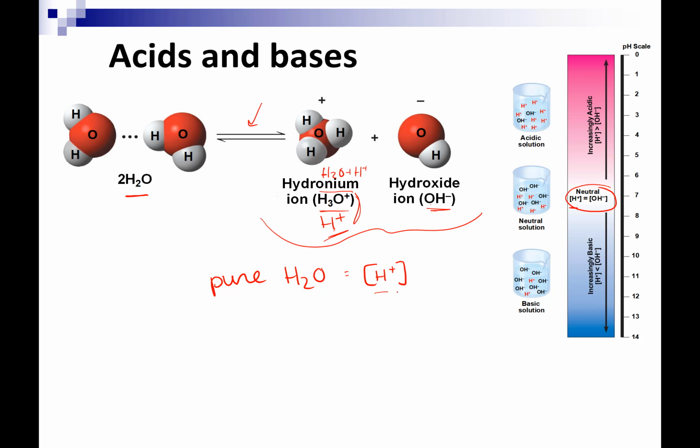So in pure water, the amount of H plus equals the amount of OH minus, right? Which makes sense. It's a 1-to-1 ratio. Okay. And the pH scale, I want you to note, goes from 0 to 14. So 7 right in the middle is neutral. Everything's equal.